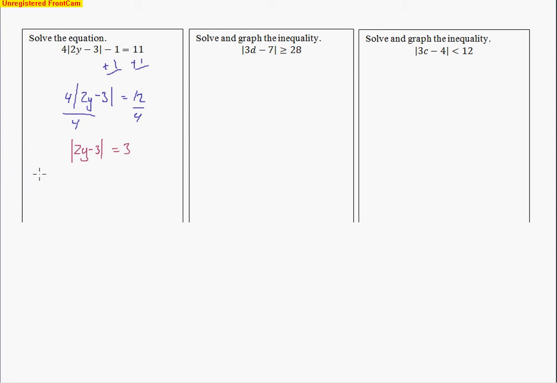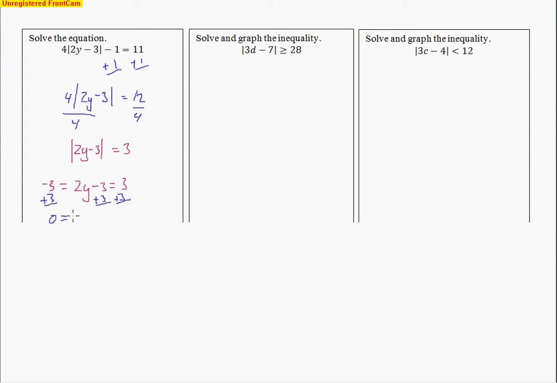So now I'm ready to set up my 2 equations. So the values that I could have that would make a 3 when I take the absolute value would either be a negative 3, like I set 2y minus 3 equal to, or positive 3. So then I go ahead and solve for those values of y that make that the case. So I'll add 3 to all sides.